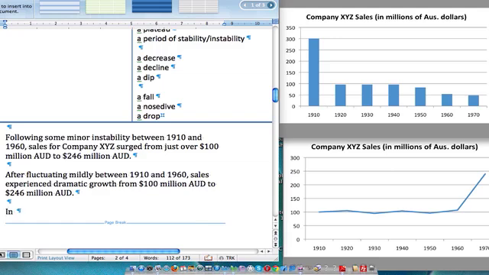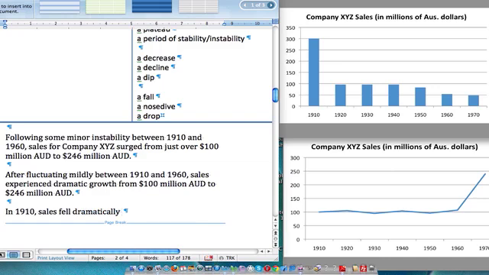So in 1910, sales, okay, so what would be a fitting word here? We could say they dropped, they fell, they decreased. So sales fell sharply. Okay, I'm using my adverb to frame this, or I could change this to sales fell dramatically.